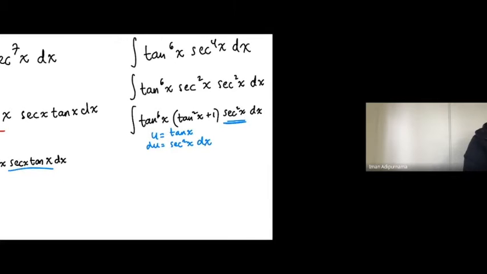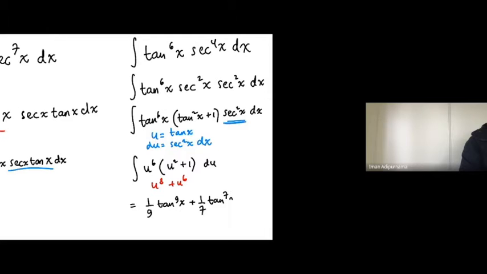So we will have u^6 and then u squared plus 1. So we will have, let me write, u^8 plus u^6. And we can integrate this, it becomes 1 over 9 tangent 9x plus 1 over 7 tangent 7x, and then plus c.